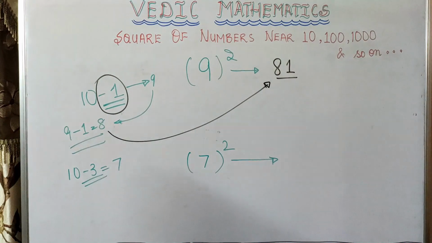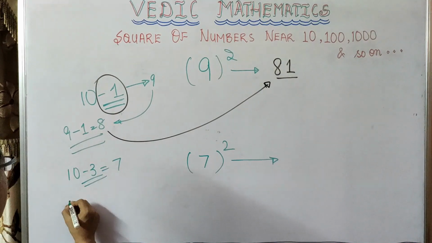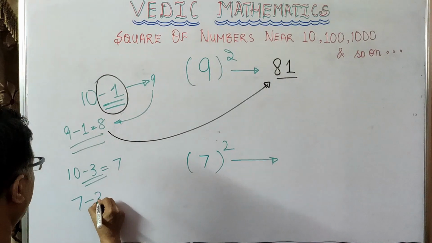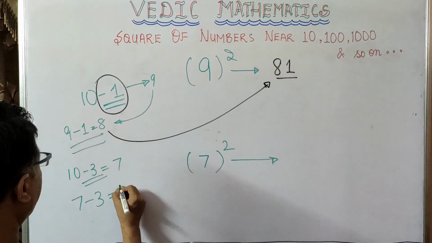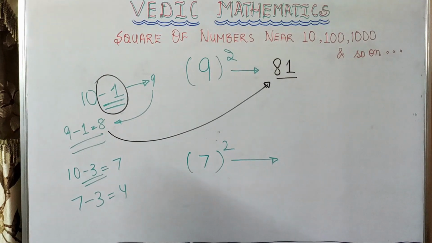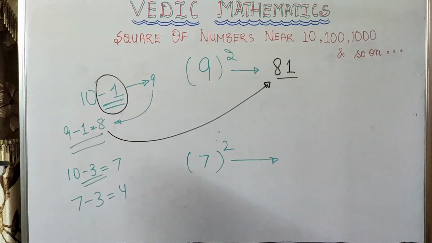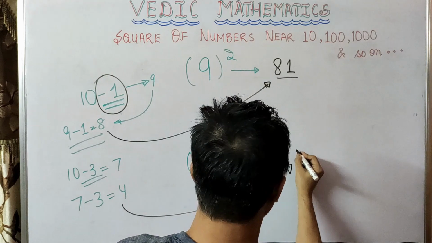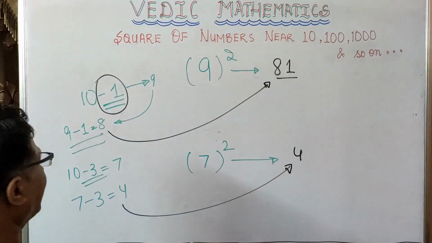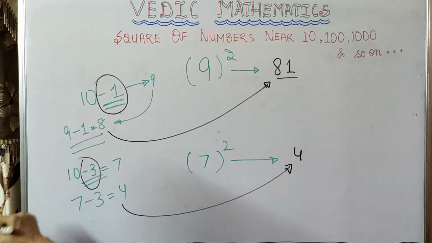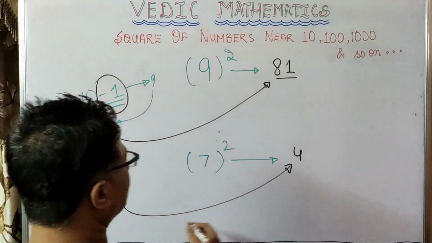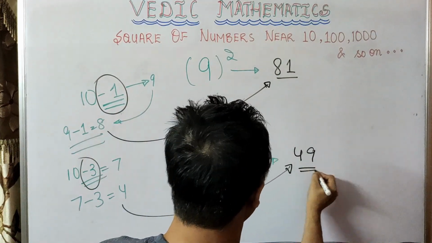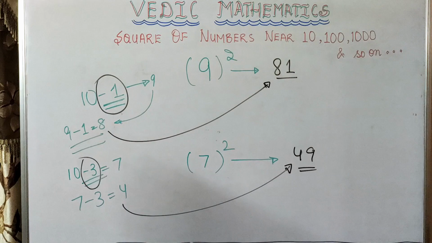So now you have to subtract this from 7. So you get 4. This is your first part of the answer. For the second part of the answer, you have to square minus 3. Minus 3 square is what? 9. You get your answer.